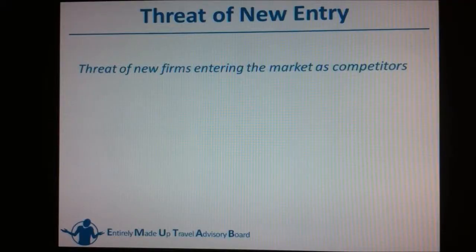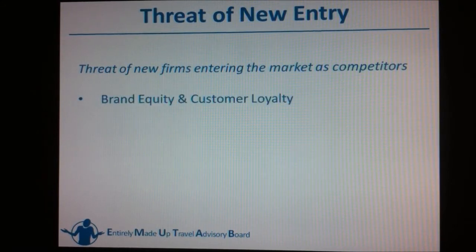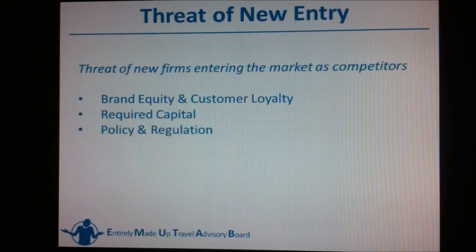If a market is profitable, new firms will enter the market unless sufficient barriers exist to protect the existing firm. Some of these barriers include brand equity and customer loyalty, required capital, and policy and regulation. Firms that feel less pressure from threats of new entry also feel less pressure to provide pricing discounts.